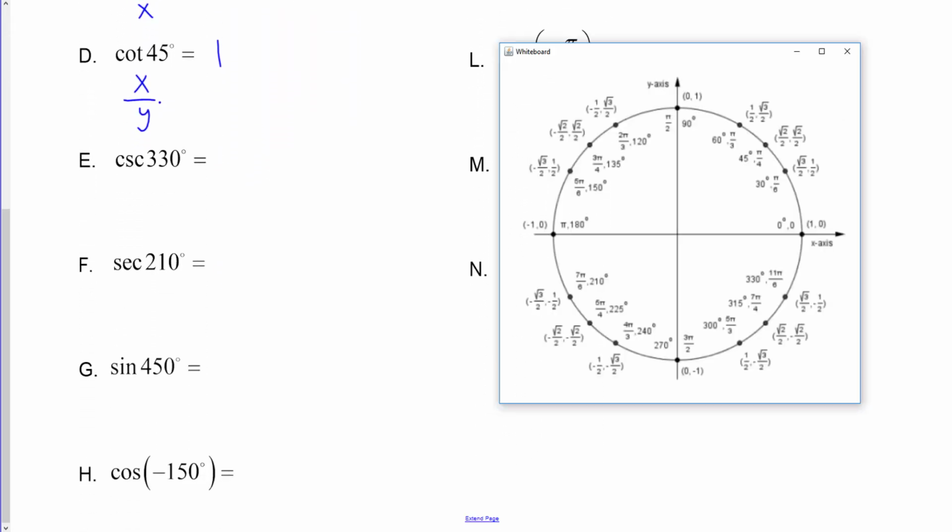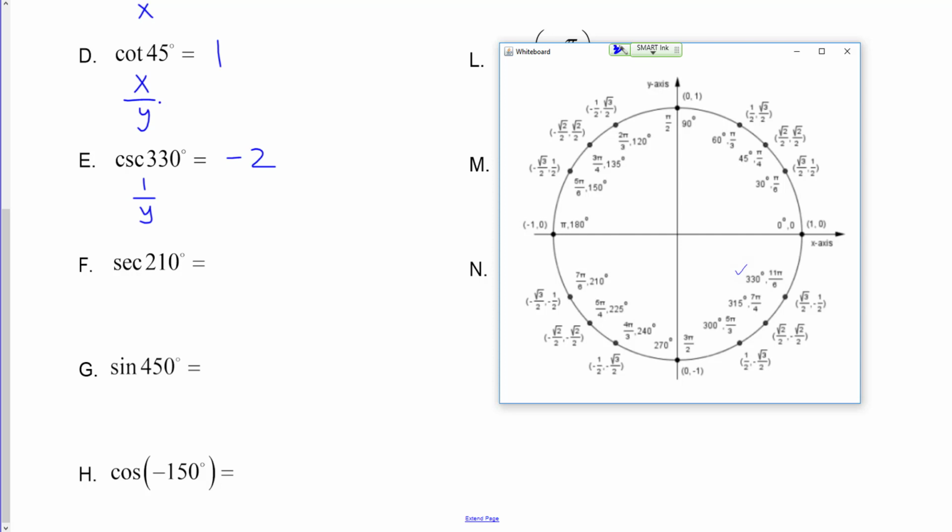For cosecant of 330 degrees, so here's 330. Cosecant is related to sine, except instead of it just being the y-coordinate, it's 1 over the y-coordinate. So 1 over negative 1/2 is going to be negative 2.